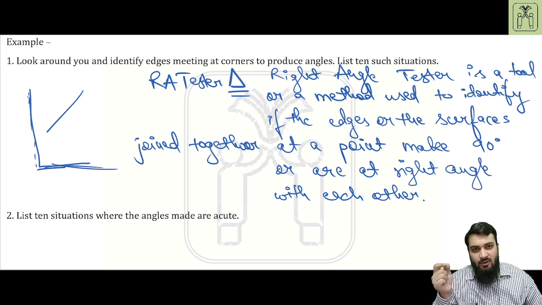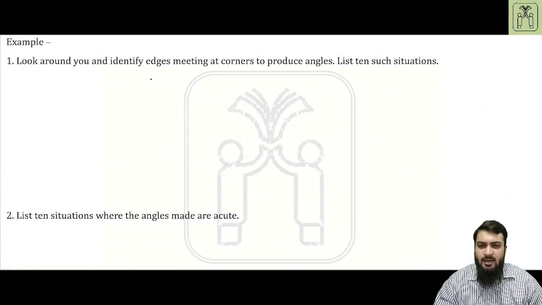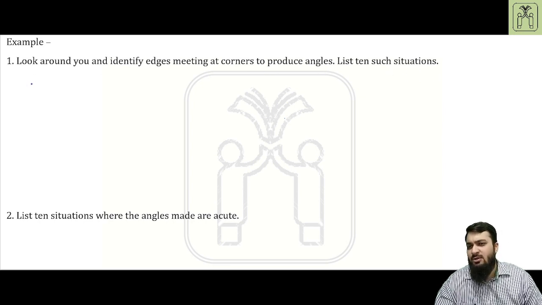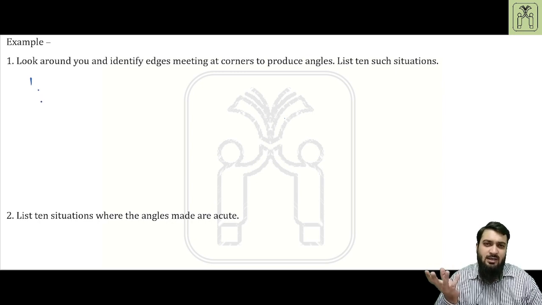Now coming to some solved examples. Example number 1: look around you and identify edges meeting at corners to produce angles. List 10 situations. Okay, I'll just write the answer.